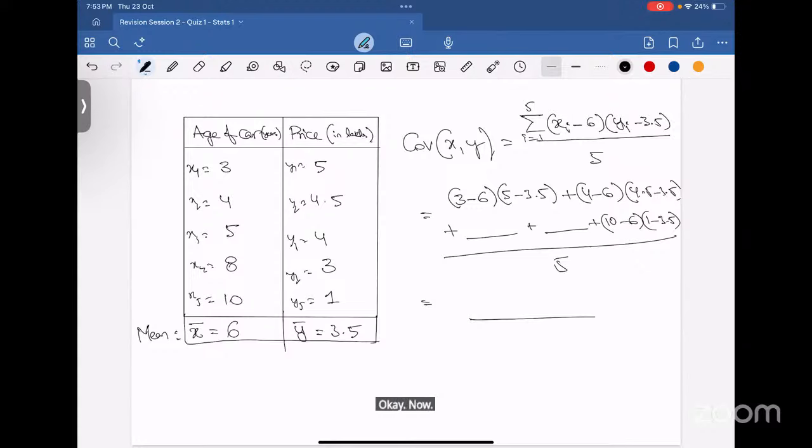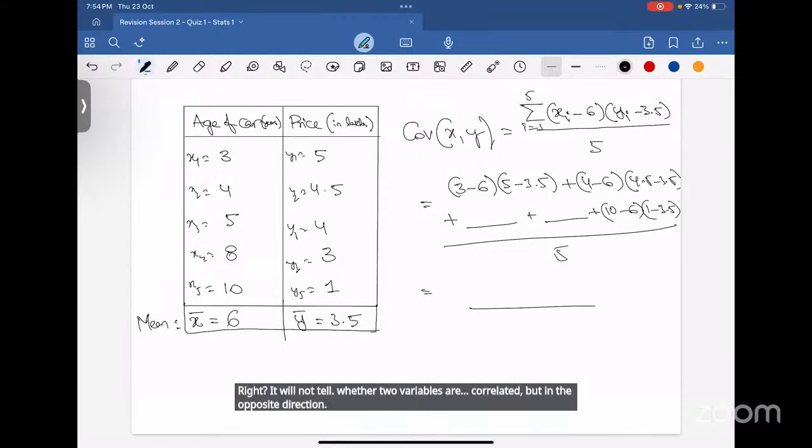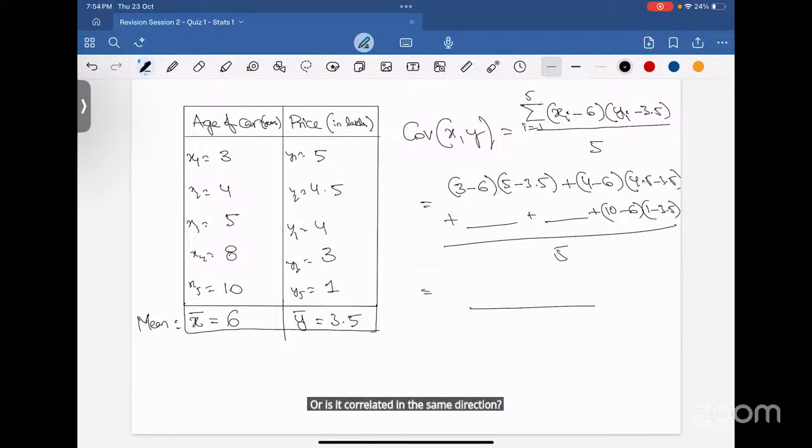Now, we have covariance. What is the use of the correlation coefficient? Covariance actually gives us the spread. How much is the spread combinedly? It will not tell whether two variables are correlated in the opposite direction, or in the same direction, and how much exactly is the correlation.